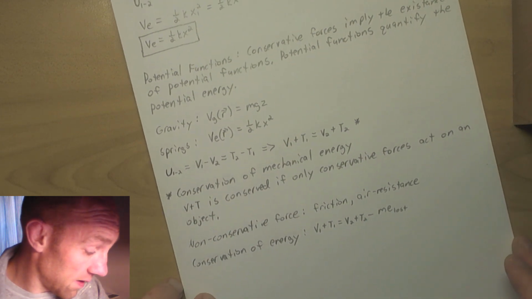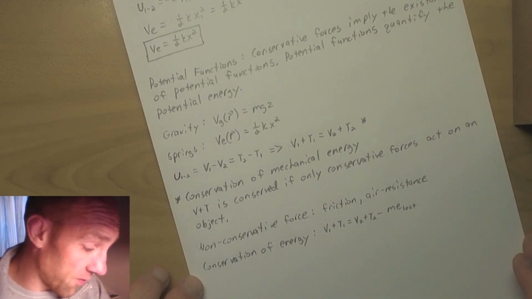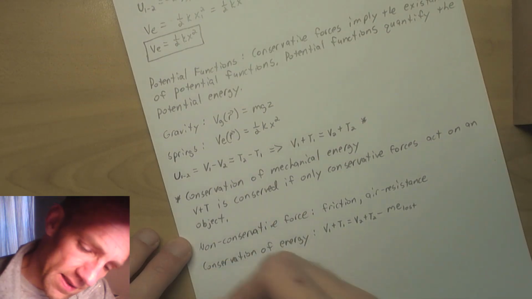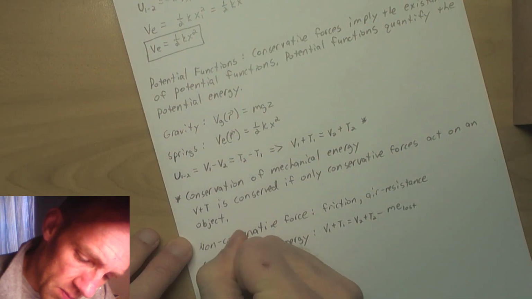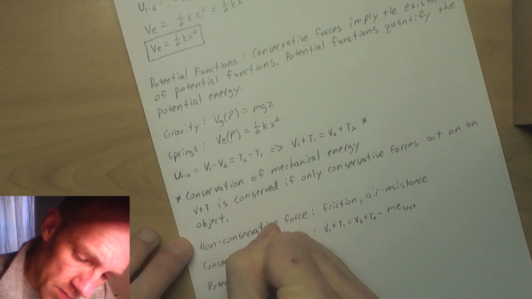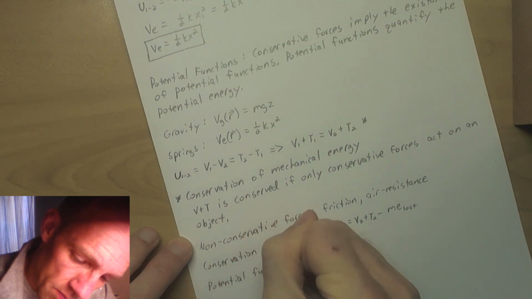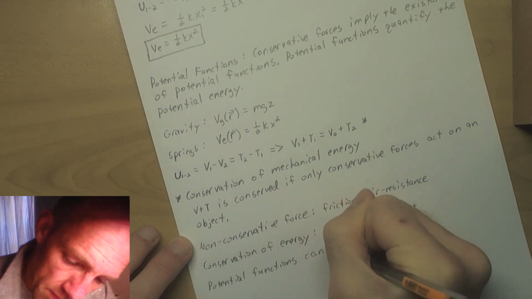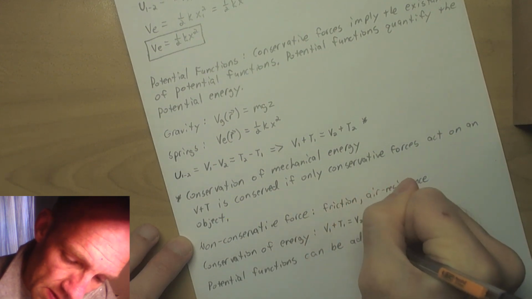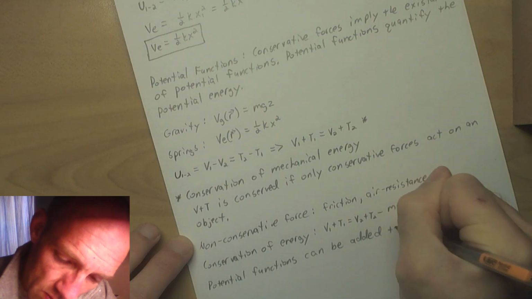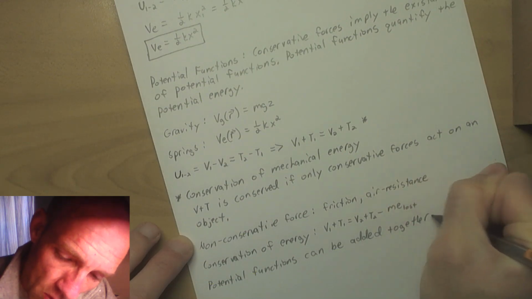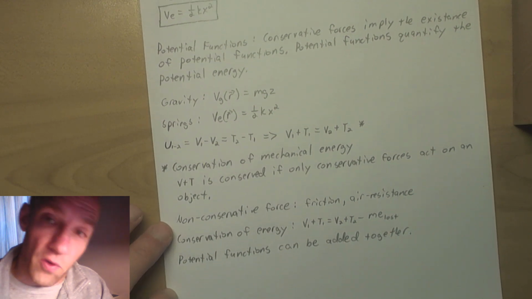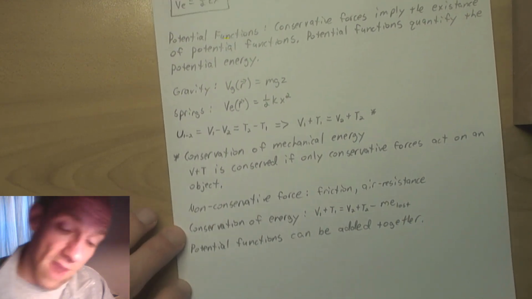Okay. And then there's another fact. Potential functions can be added. So maybe we have an object that's under the influence of both a spring and gravity.